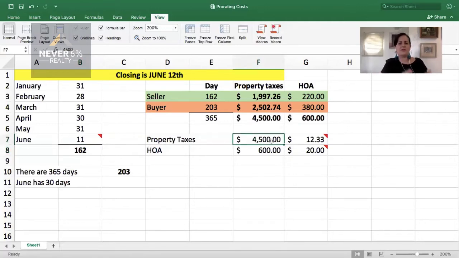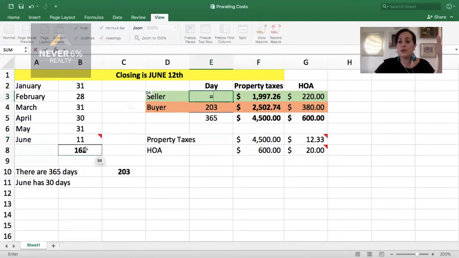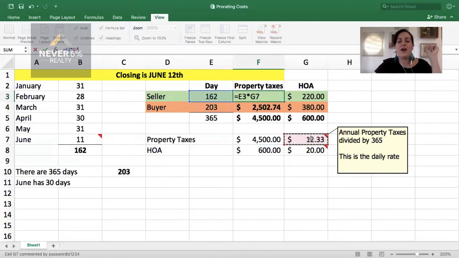So who's responsible for what? Well, the seller is going to be responsible for the first 162 days. So here, what I do is you can click here, you put equals, and you grab this number, you press enter. And then what you're going to do is multiply, okay, 162 times the daily rate that we found by dividing the total cost by 365.